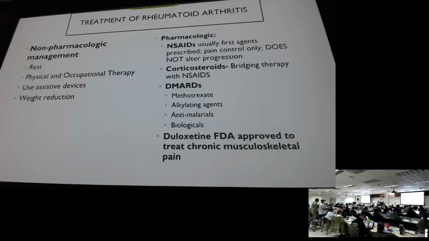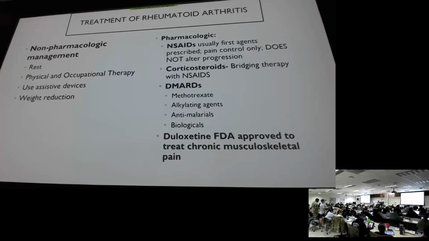We can do intra-articular like we did for the OA, but sometimes when people are having a flare, we'll get them some pain control with NSAIDs and also give them a short burst basically of steroids to help control the inflammation while we're waiting on those DMARDs to kick in, and we'll talk about that timeline when we get specifically into the DMARDs in the next couple of slides.